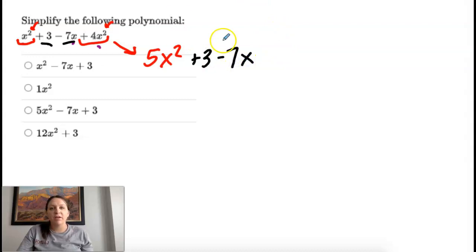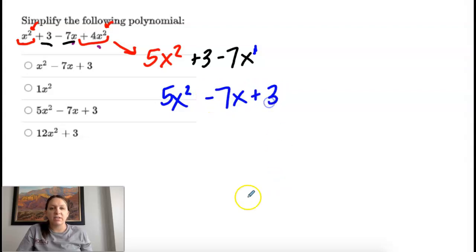But when we write a polynomial, we write the degrees in descending order. So this is x squared. There's no x on the 3, and this is x to the first. So I would start with x squared, and then x, and then the constant. So my answer would be this one. And that's as far as we can go to simplify.